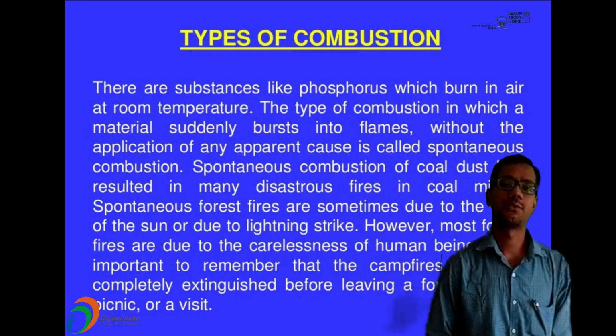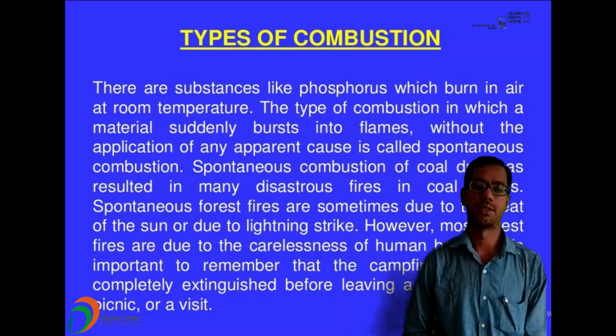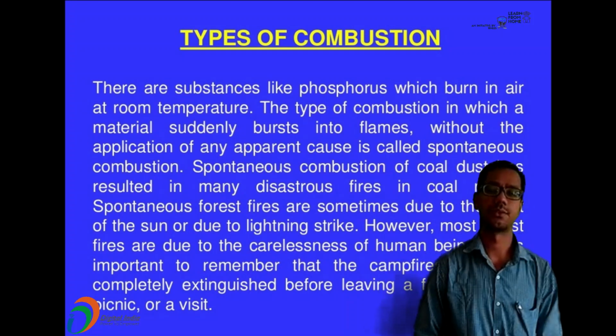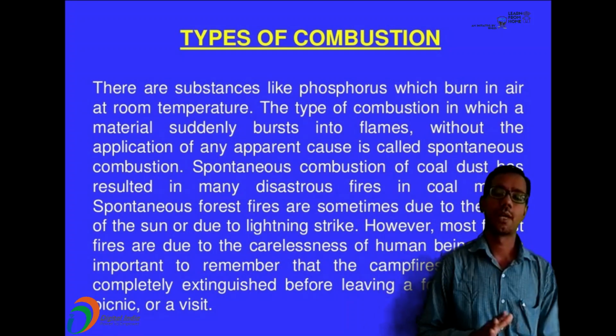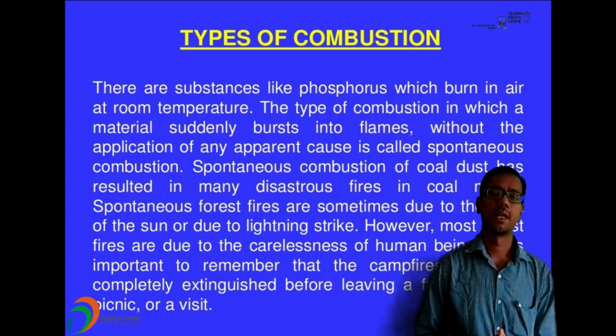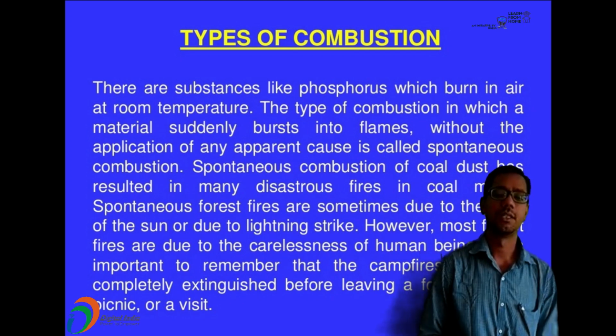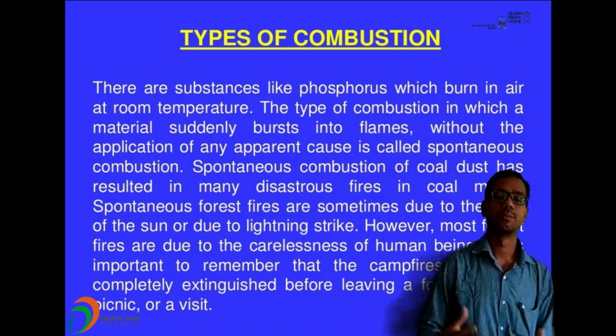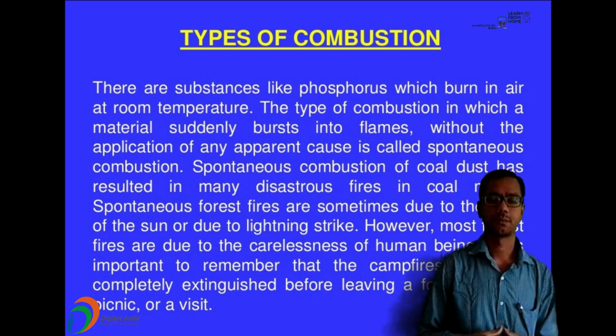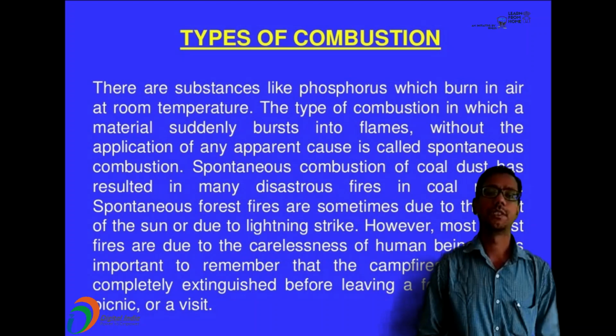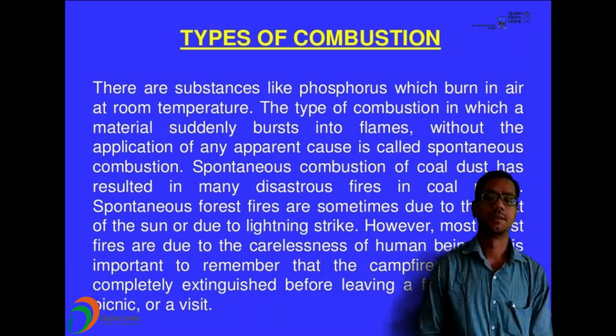Phosphorus can catch fire at a room temperature of 34-35 degrees Celsius without application of heat. At this temperature they can burn on their own. It's called spontaneous combustion, and phosphorus is the best example.